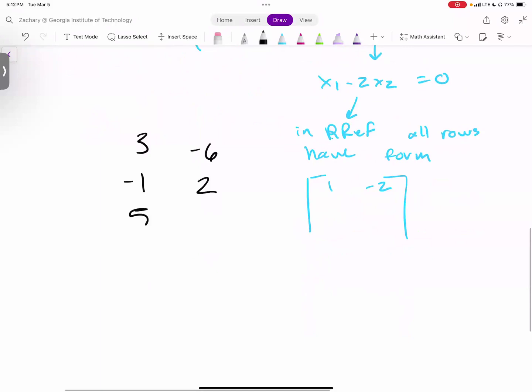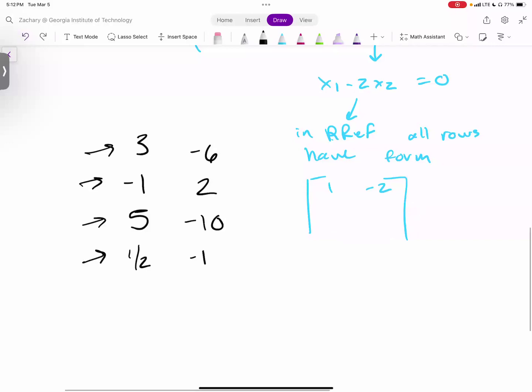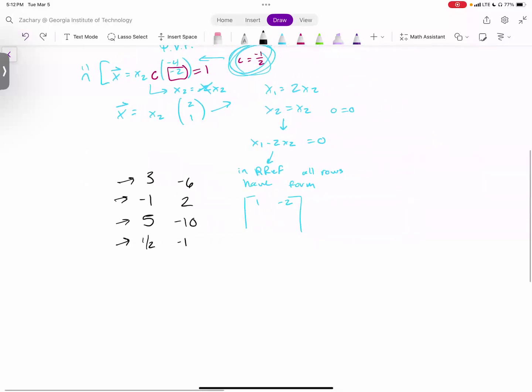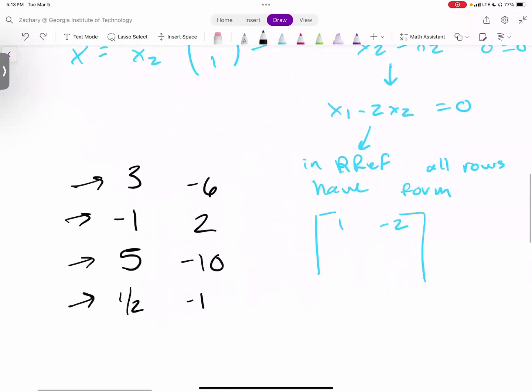The first number is 5, the second number is -10. If the first number is 1/2, second number is -1. Okay, these are all possible rows given that this is the null space. All right. So far, so good.